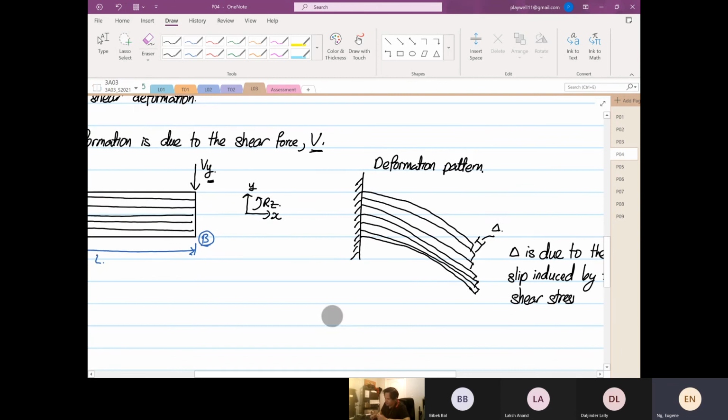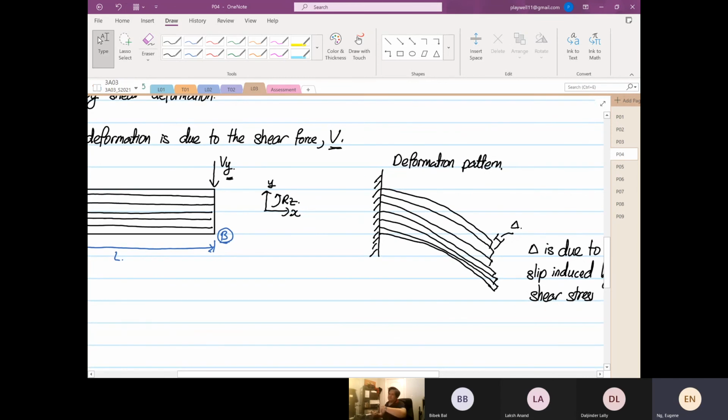But some of you will say, Eugene, this force is acting perpendicular to the top surface, yes or no?